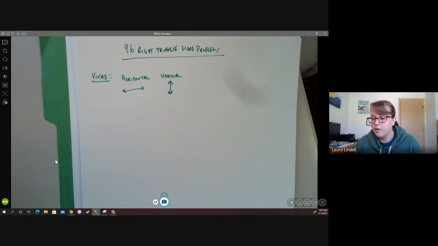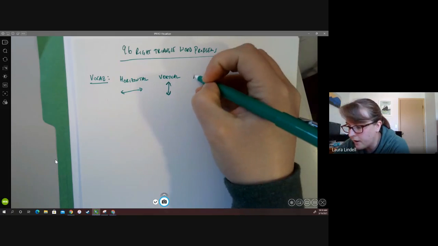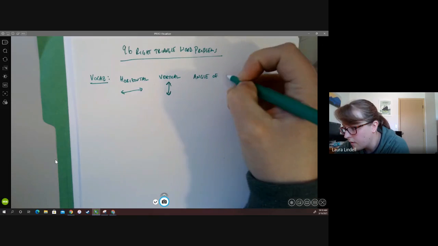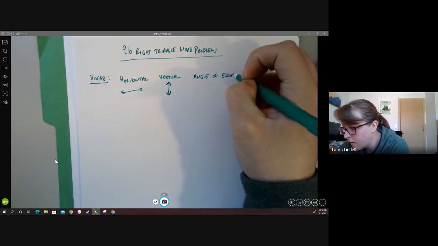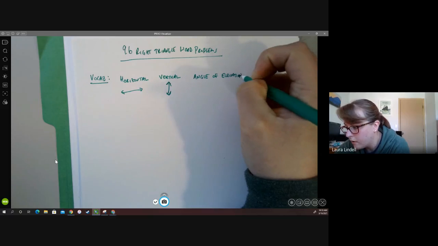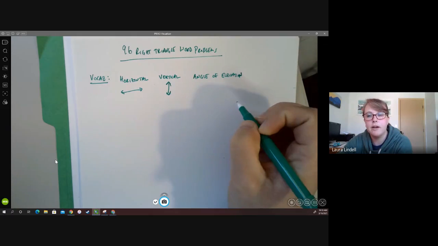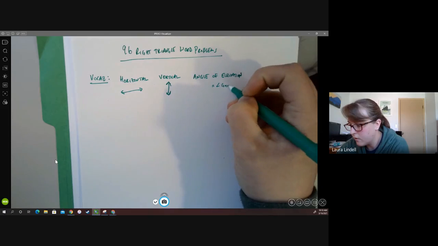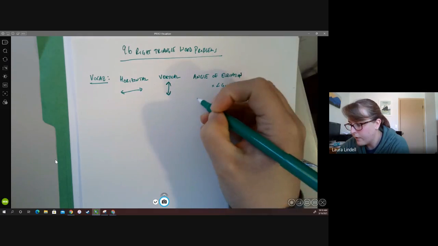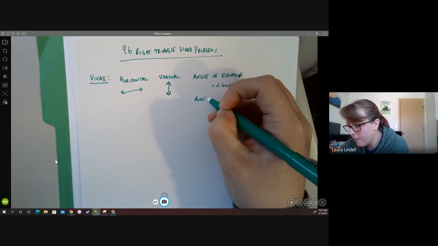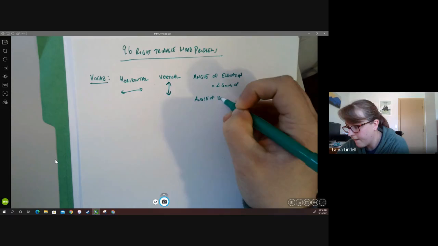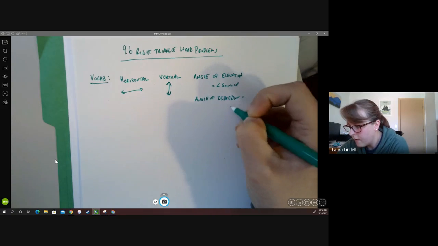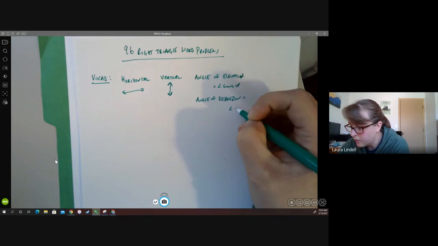So we have that. We have angles of elevation and depression. Angle of elevation is an angle going up. Angle of depression is an angle going down.